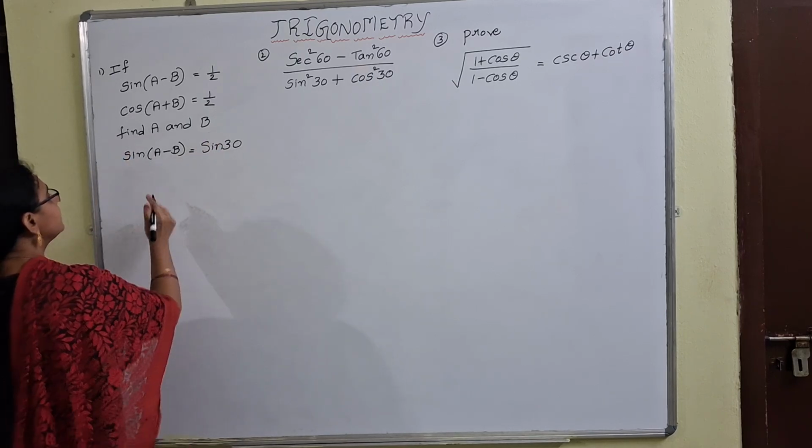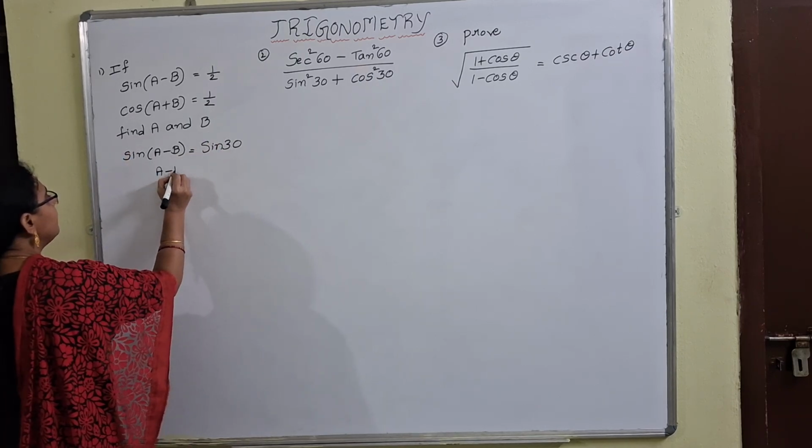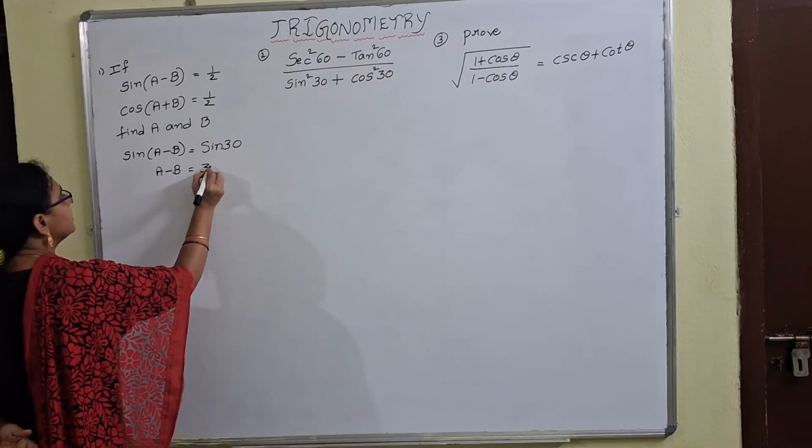When you cancel these sins, here A - B is left, here it is 30.